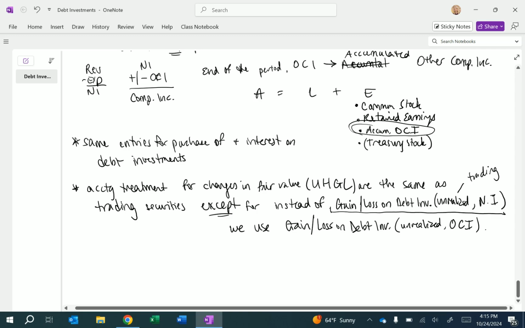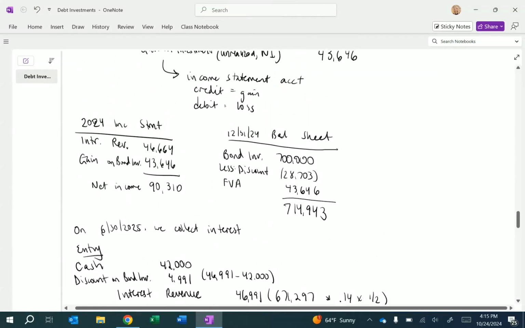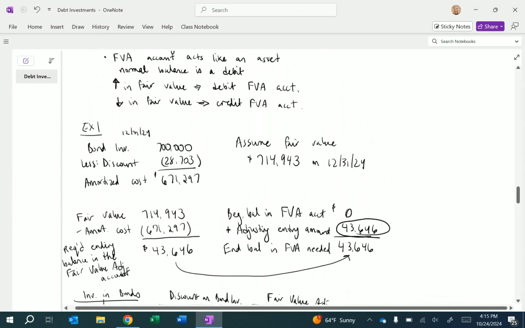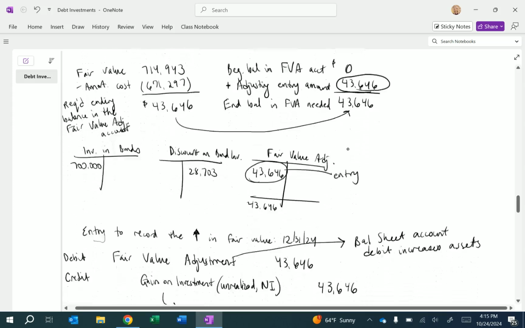So when we redo example 1, for the trading, we looked at the end of the first interest period, the end of the first year. We had our amortized cost, and we were given the fair value. We're going to use the same fair value again, so we get the same exact required ending balance in the fair value adjustment account.